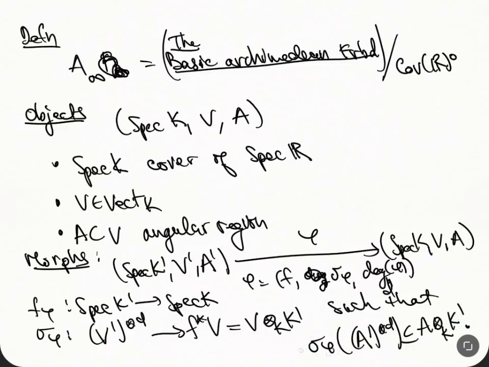Okay, so this is the condition here. So a morphism, we just have these triples. We build them out of vector spaces and angular regions, and so this is the basic Archimedean Frobenioid.